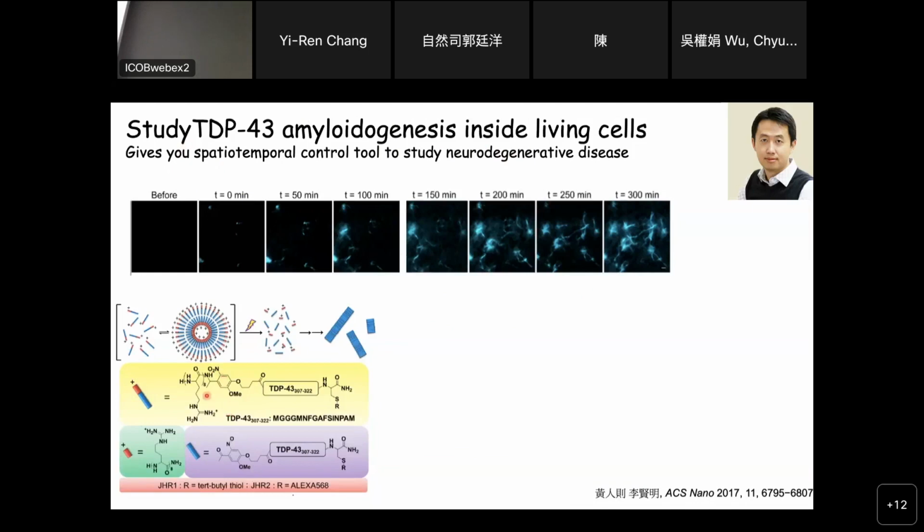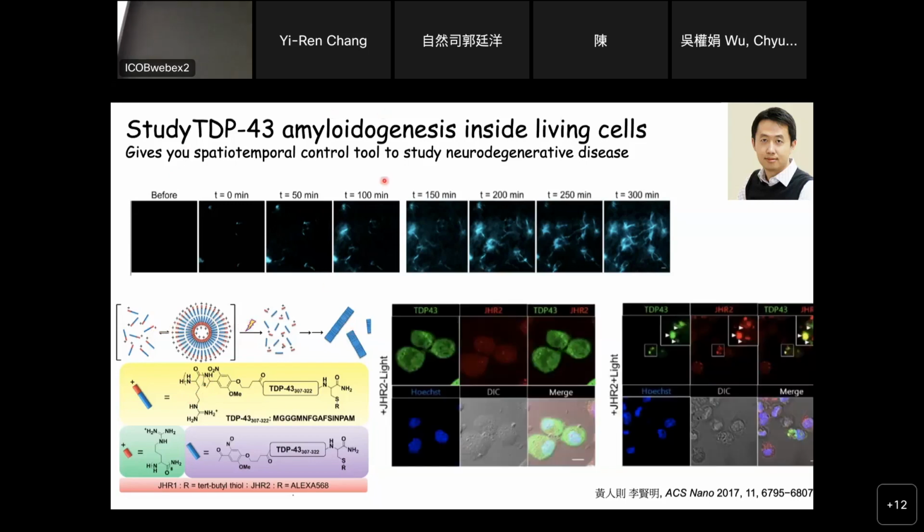We generated these peptides having 8-arginine. That way this peptide is not in an aggregation-prone state, but after light irradiation, it can aggregate to form this. So he successfully used that to demonstrate that TDP-43 aggregation can be generated inside the living cell.